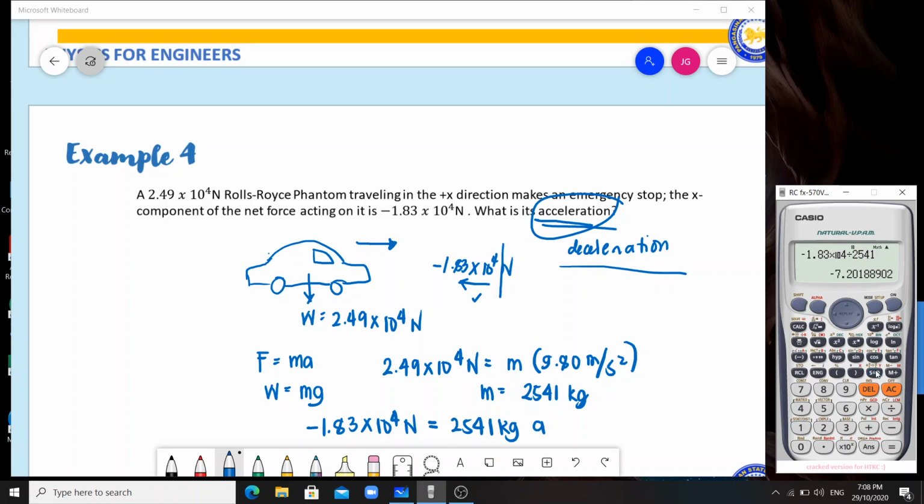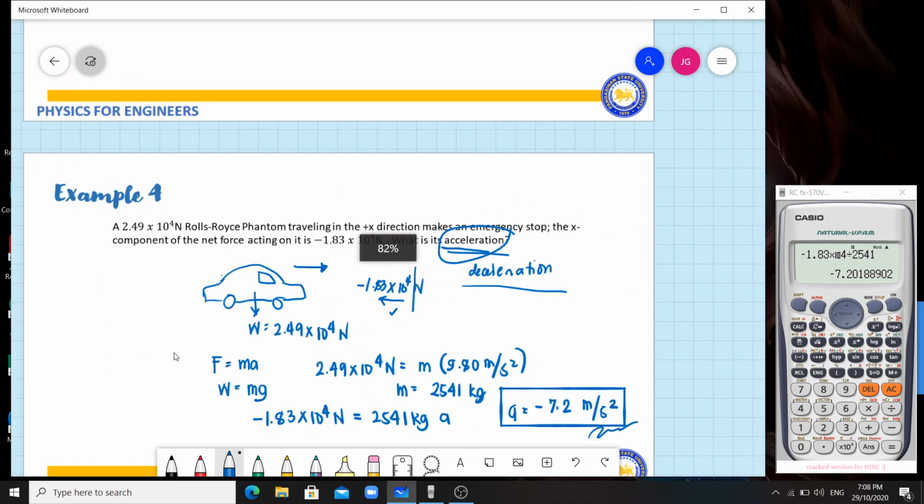Yan. So, the acceleration is negative 7.2 meter per second squared. Yan. So, negative siya kasi it is slowing down, negative acceleration or deceleration. Ayan. Okay.